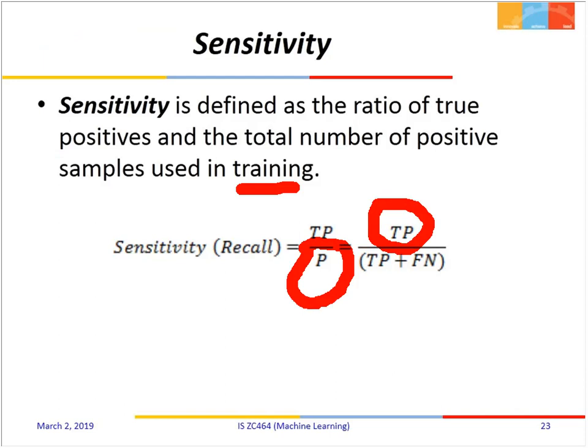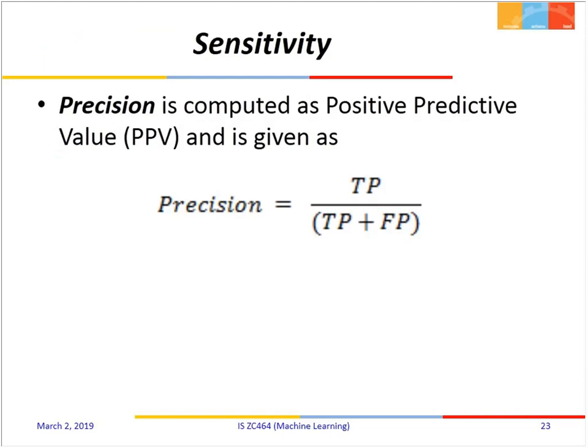If it had actually recognized 99 out of 100 people, the sensitivity would be 0.99. And if you want to take its percentage, it will be 99%. So that gives us a measure for this correctness.